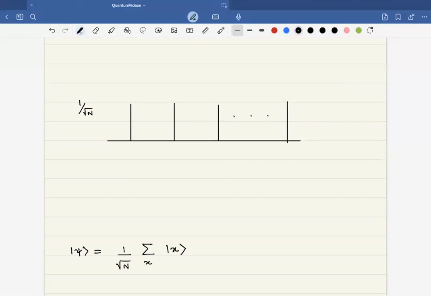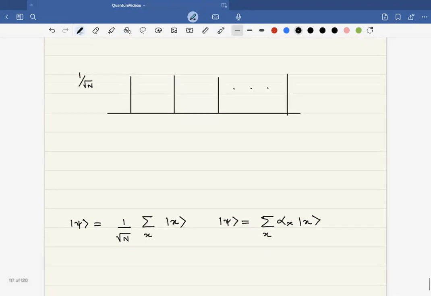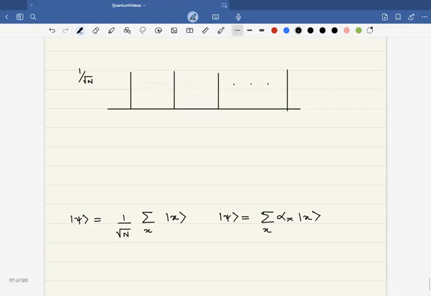Now I can write the state psi as summation over x, alpha x, where alpha x are the amplitudes. These amplitudes are going to change when we apply the Grover iteration. Now recall that the Grover iteration consists of two operations. One is U of f and the other one is R psi.